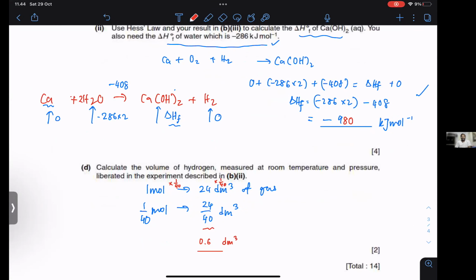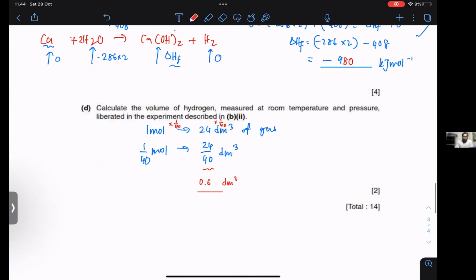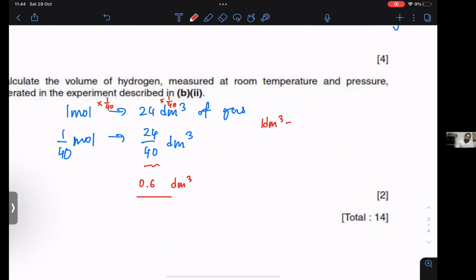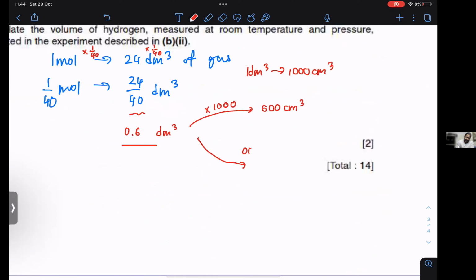If you want to change it into cm cube or meter cube, again, all this conversion, you figure out. 1 dm cube is 1000 cm cube, so to change into cm cube you times by 1000. That's going to be 600 cm cube. But if you want to change it to meter cube, because normally we use meter cube sometimes for PV equals nRT and so on, do remember how to use that. 0.6 times dm times dm times dm.